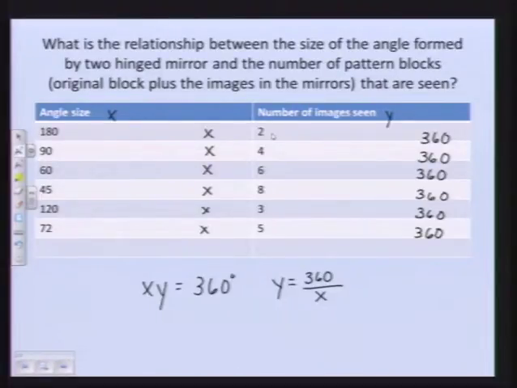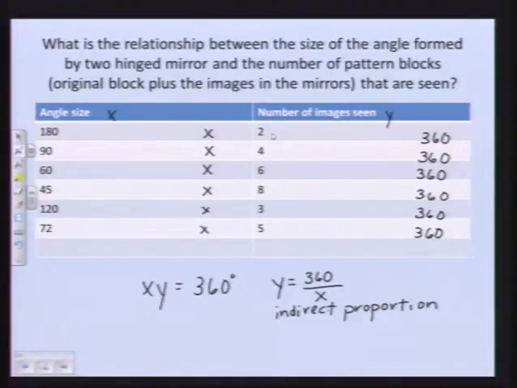This one is also an example of an indirect proportion, or I've got two variables that vary inversely. As one increases, the other decreases, and it's a multiplicative relationship.